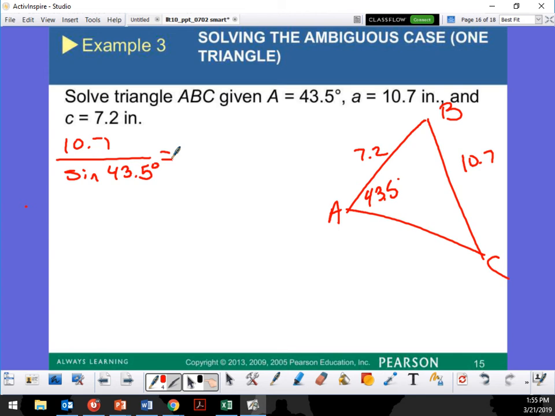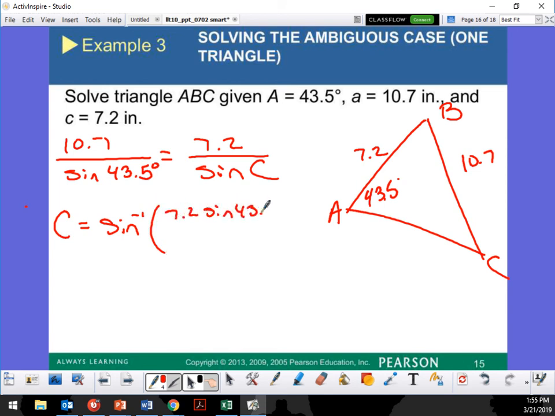So it's going to be 7.2 over sine big C. All right, you guys should know the pattern by now. So I can say that big C is equal to inverse sine of 7.2 times sine 43.5 over 10.7. And you said big C is what? 27.2.